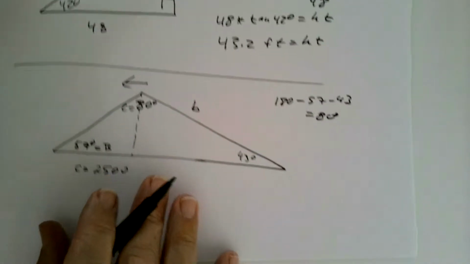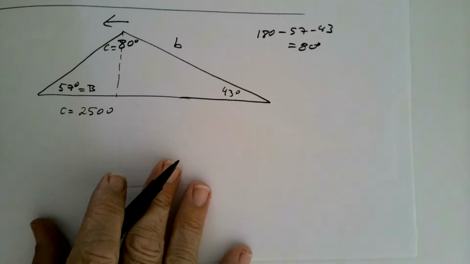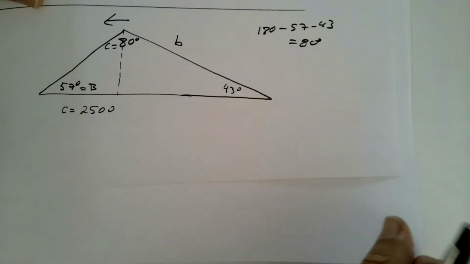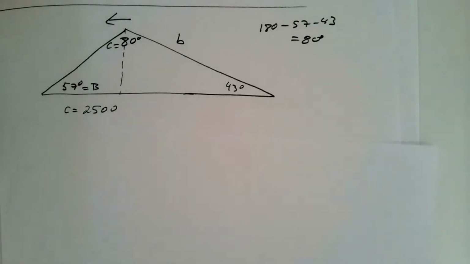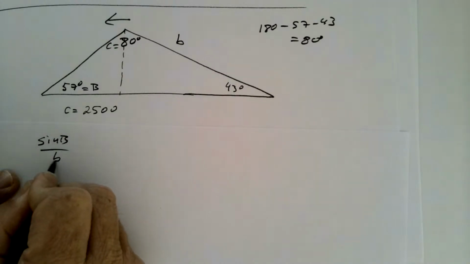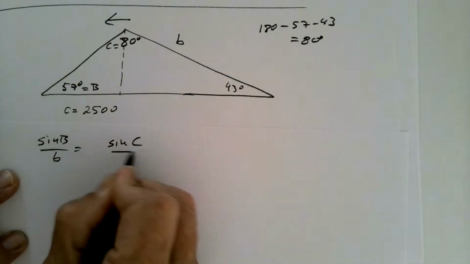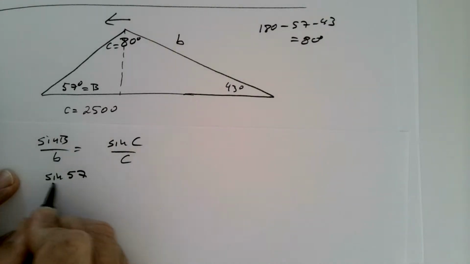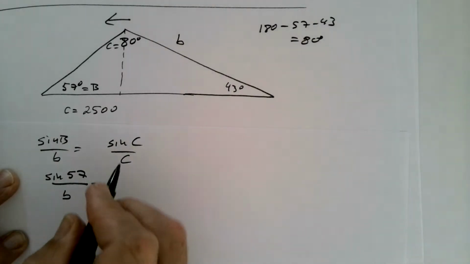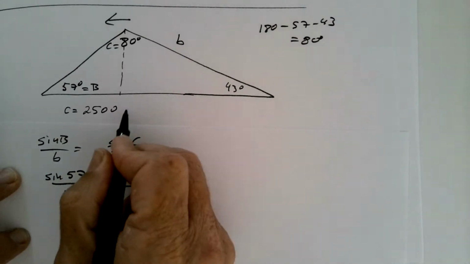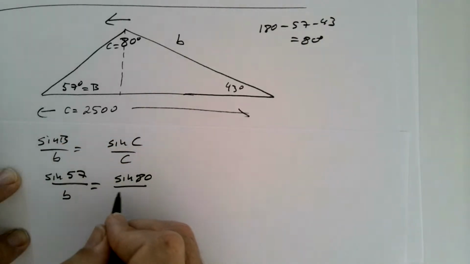So let us do that. So I'm going to say sine B over b equals sine C over c. So sine B, sine 57, over little b is sine C is sine 80, over c, c is 2,500.